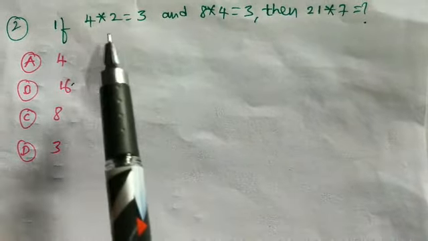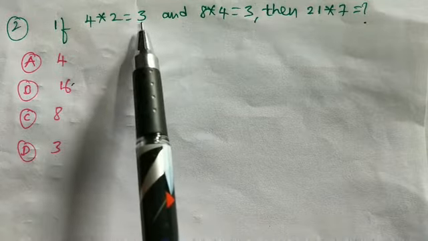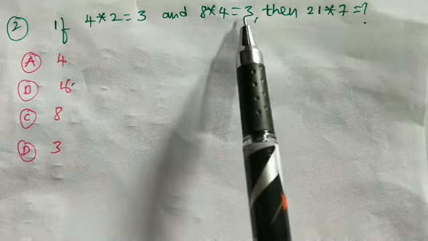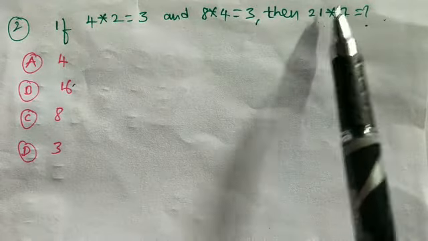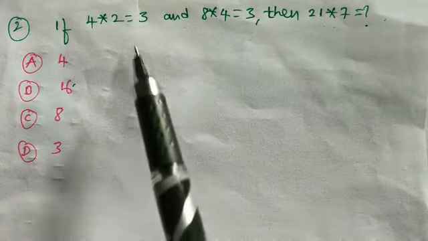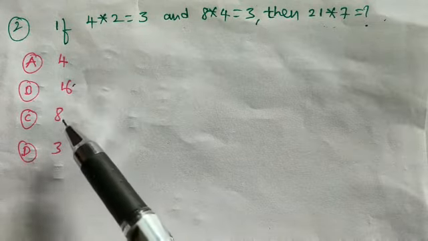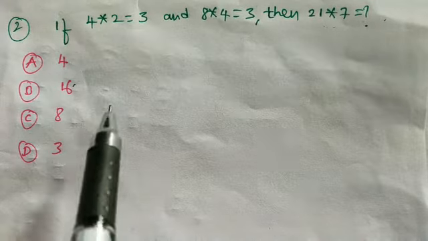Question number 2. If 4 star 2 or 4 into 2 is 3 and 8 star 4 is related to 3, then 21 star 7 is related to which number? It can be star or into, we call anything. It's your wish. And the options are 4, 16, 8, 3.